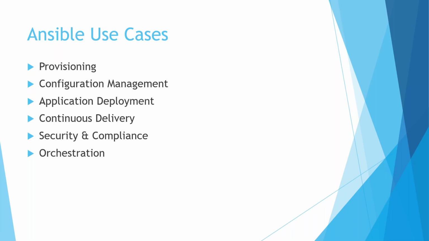And again, in cases I've seen, it's sometimes coupled with Jenkins to do code rollouts, and also security and compliance, because it ties in with managing your inventory, and then also again making sure that things are configured how you want.